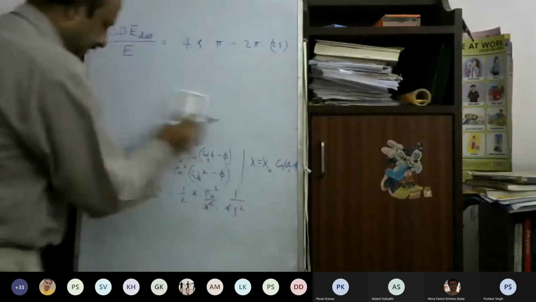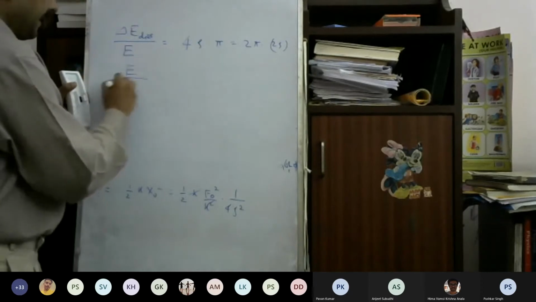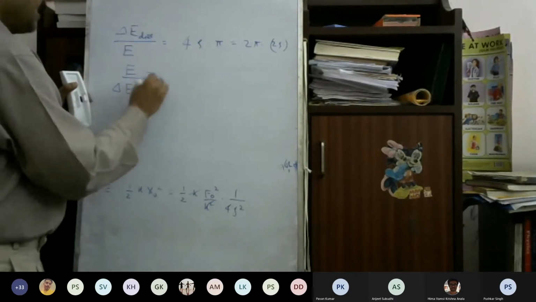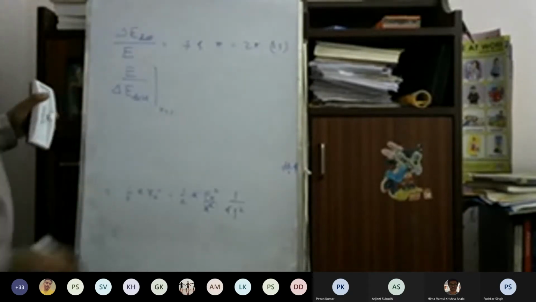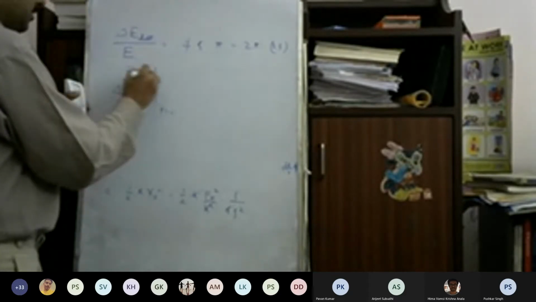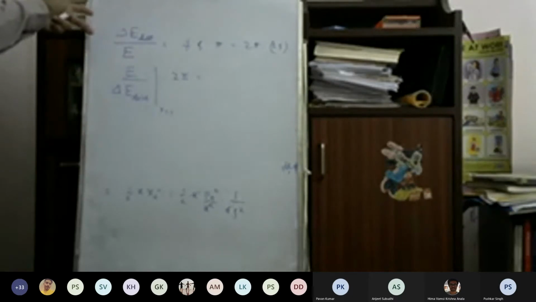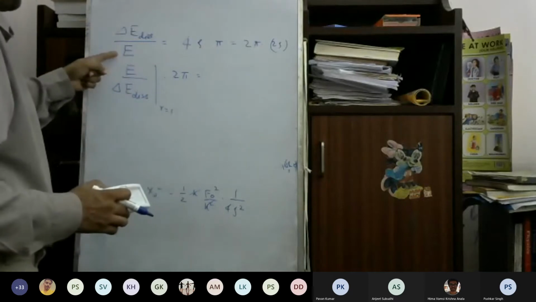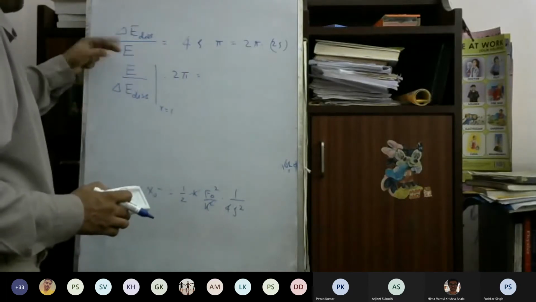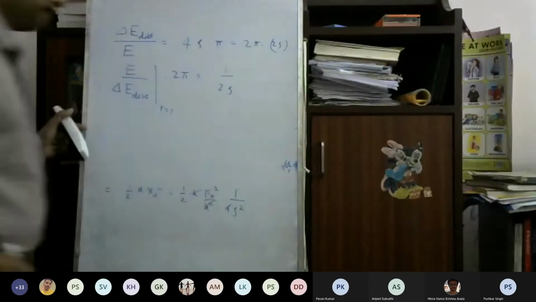Now this part actually, E divided by energy dissipation at r equal to 1, times 2 pi, energy by energy dissipation. So E by energy dissipation is 1 by this, which is actually 1 by 2 zeta.